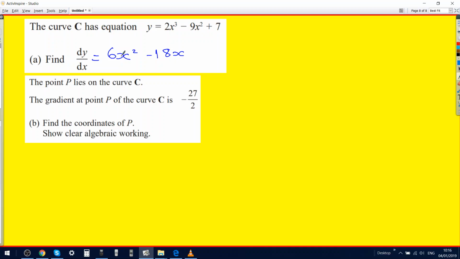There's a way you can calculate it. So some value of x, when you put it in for x, gives you minus 27 over 2. Make them equal. And then try to solve it.